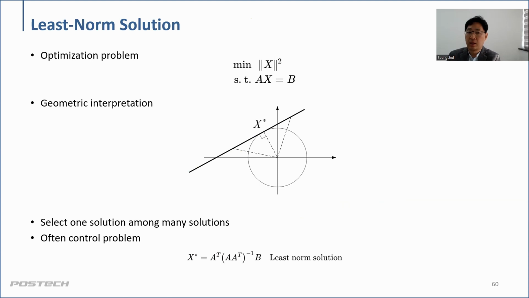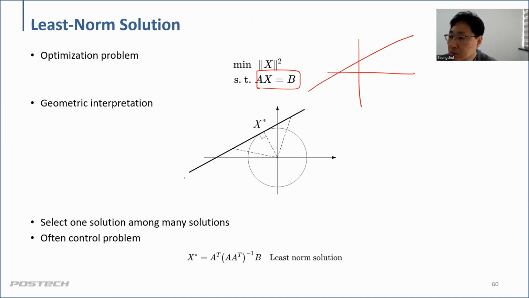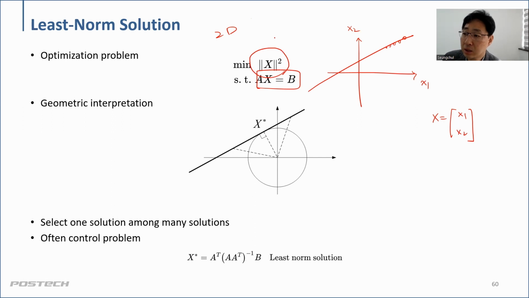I want to explain the same problem in geometric interpretation. In, say, 2D space, these are all the solutions. But what's the definition of this? This is the Euclidean distance from the origin, right?